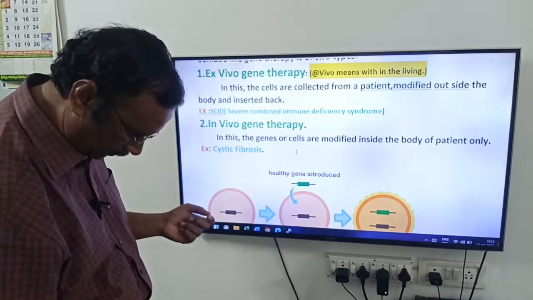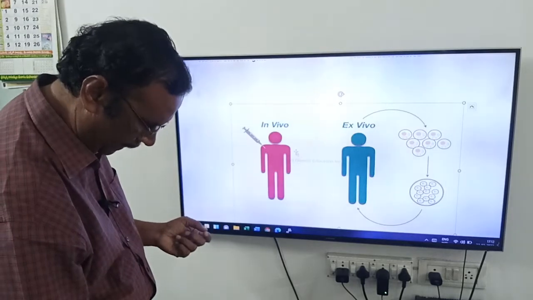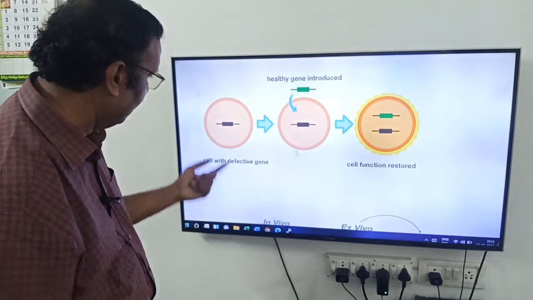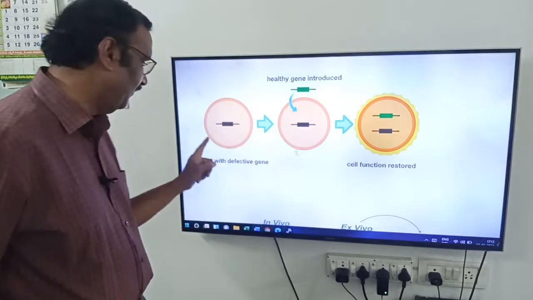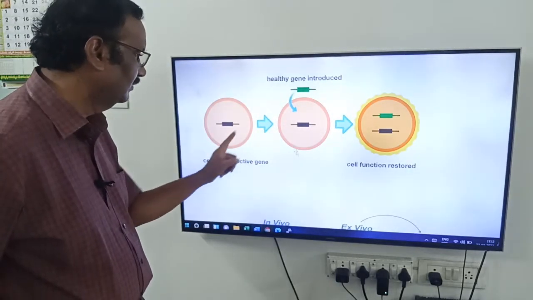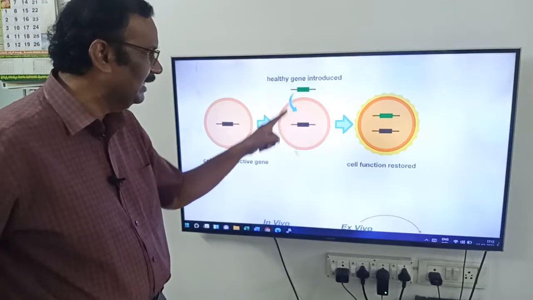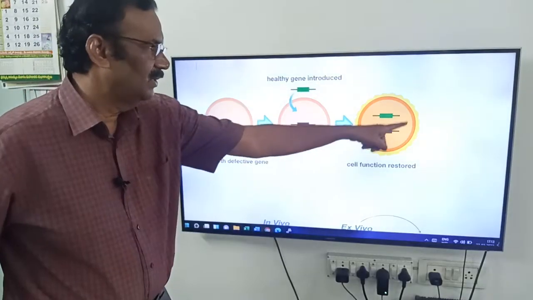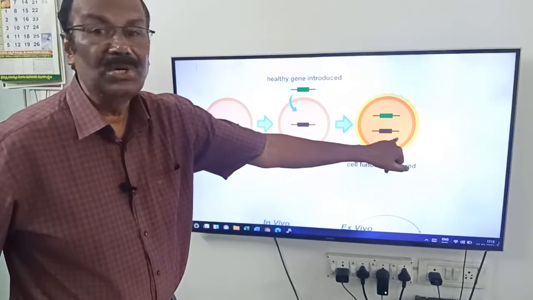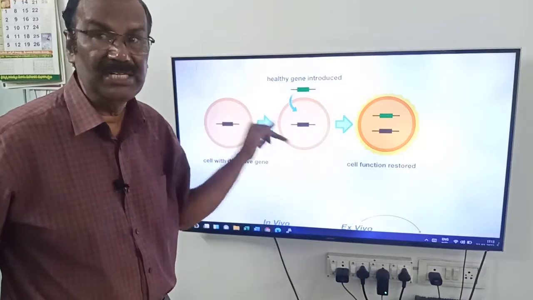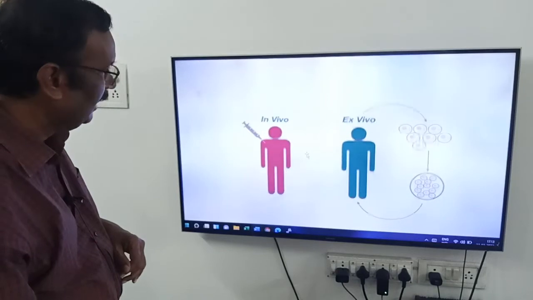Friends, cystic fibrosis. Okay. Now here you see, friends, this is a defective gene. See friends, here this green one, what are we introducing, friends? A healthy gene. Now this is a modified cell, a restored cell. This is called what, friends? Gene therapy. Okay friends, now come to in vivo and ex vivo.